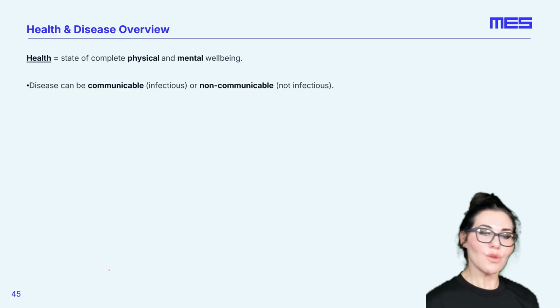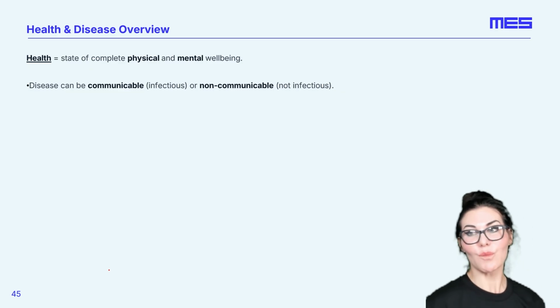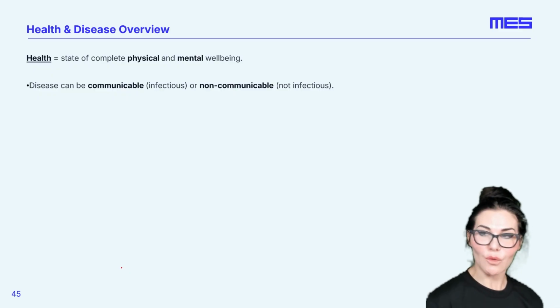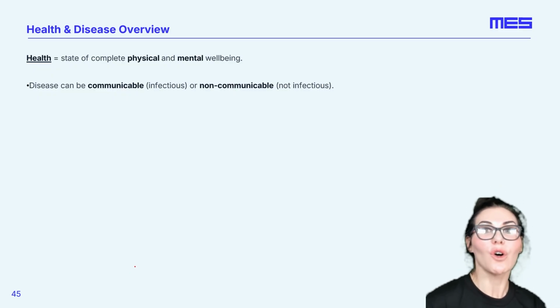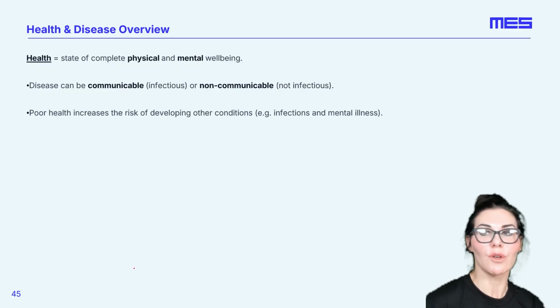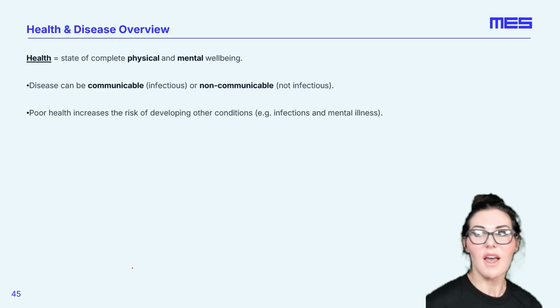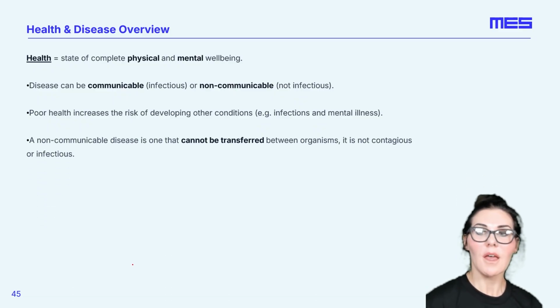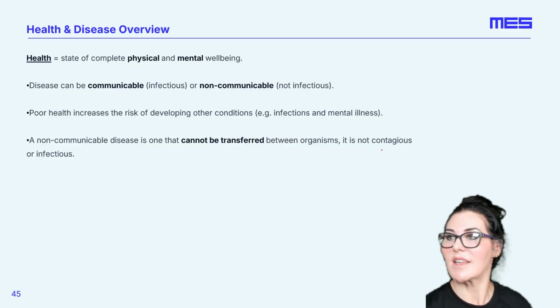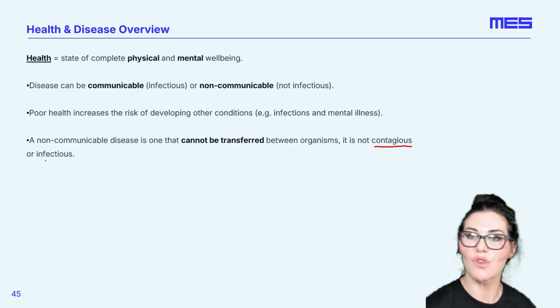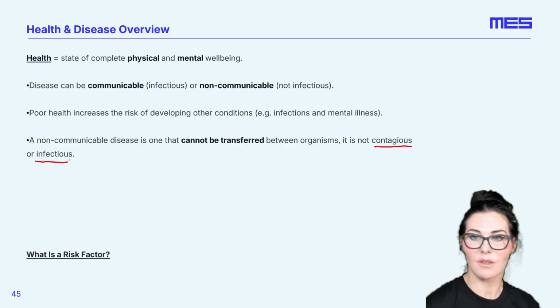If we were then to separate disease into categories, we can say that some are infectious or communicable and some are not infectious and they are non-communicable. And poor health can increase the risk of developing other conditions like infections or even mental illness. Remember that a non-communicable disease is one that we cannot transfer between organisms. It's not contagious, it's not infectious.